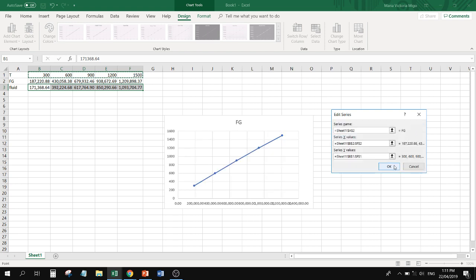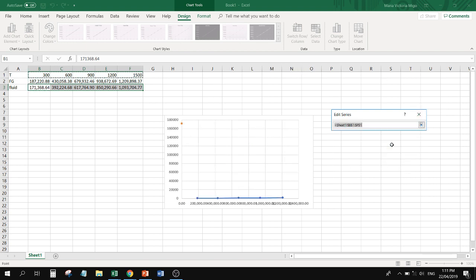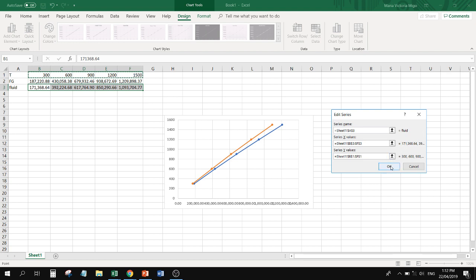Okay. So next we add another one. This one is for the fluid. The X values would be the heat, and the Y values would be the temperatures. Okay, so it would look something like this.